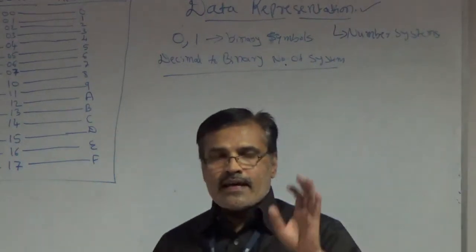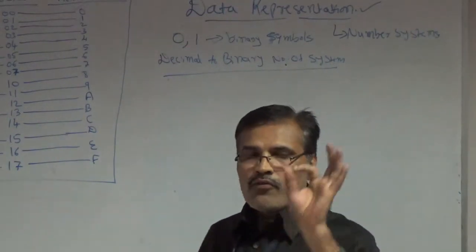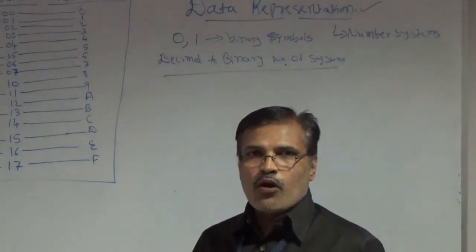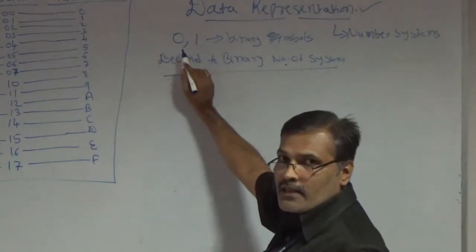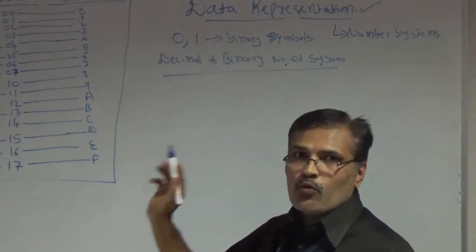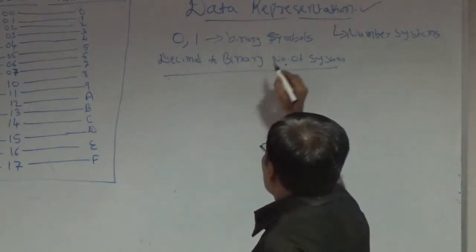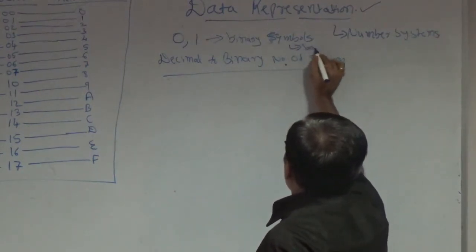Similarly, as I have defined the decimal number system, in the same manner we can define the binary number system also. Our binary system consists of two symbols, 0 and 1 only, and it has a radix or base of 2.